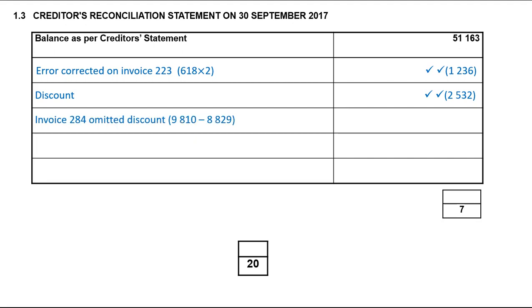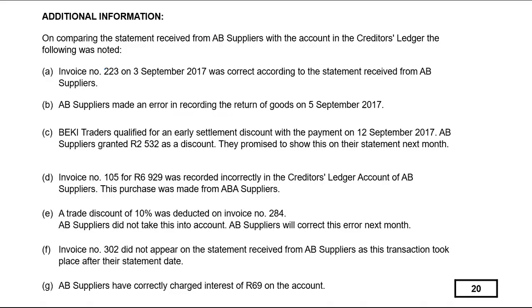So when you take 9,810 minus 8,828, the difference will be 981. And that's what you're going to reduce it by, which is the 10% of 9,810. We just reduce it by the discount that was given to us.